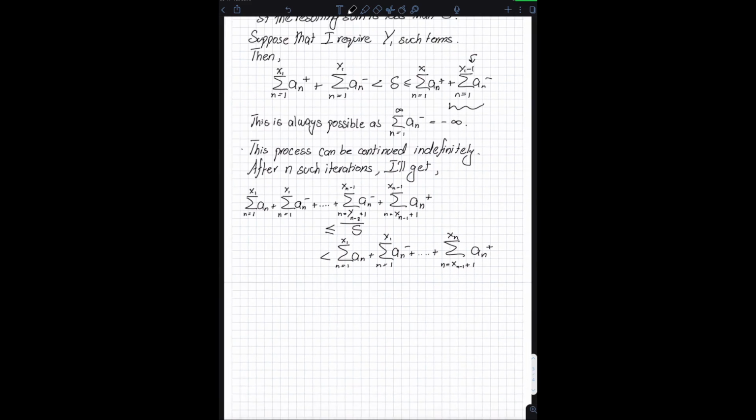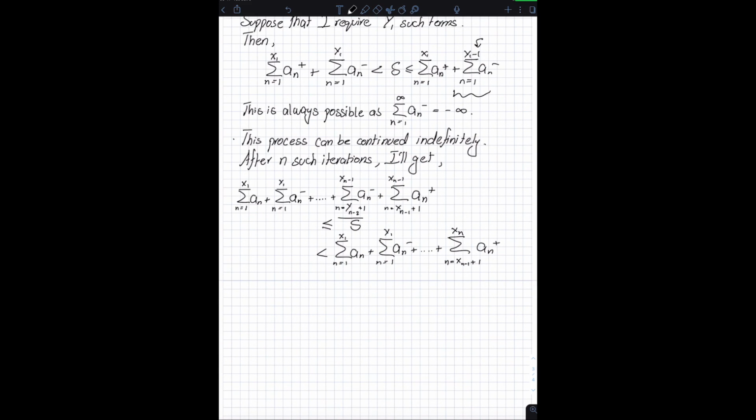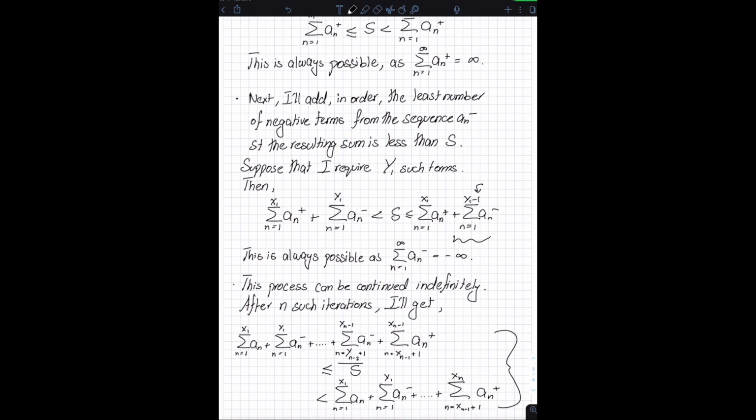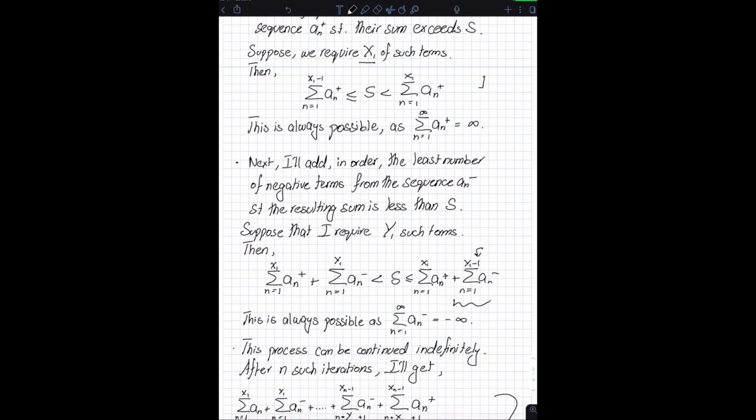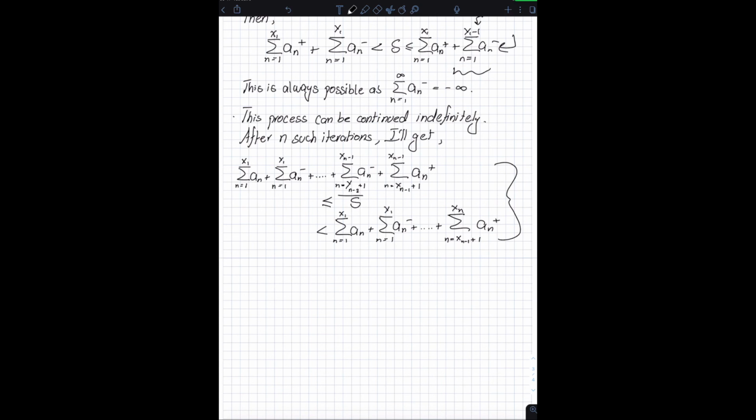So what I'm saying over here is that this is a general way to generalize each step. Notice that there are two iterations. One iteration comes from when I have added the positive terms, and then the second iteration comes when I have added the negative terms. So in general, whenever I'm adding the positive terms, I'm going to get something that looks like this.